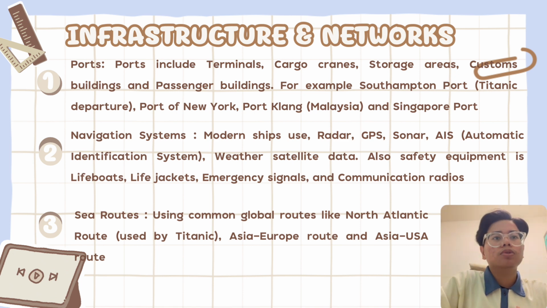Modern ships use radar, GPS, sonar, AIS, and satellite data. Also, safety equipment includes lifeboats, life jackets, emergency signals, and communication radios. The third one is sea roads, using common global routes like the North Atlantic Road, for example used by Titanic, the Asia-Europe Road, and the Asia-USA Road.